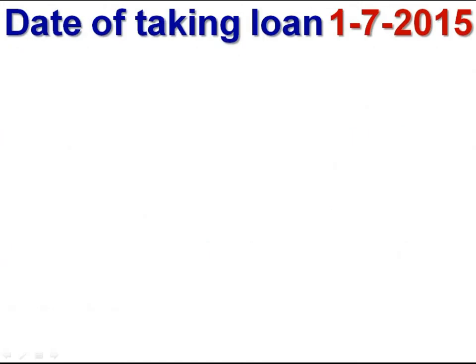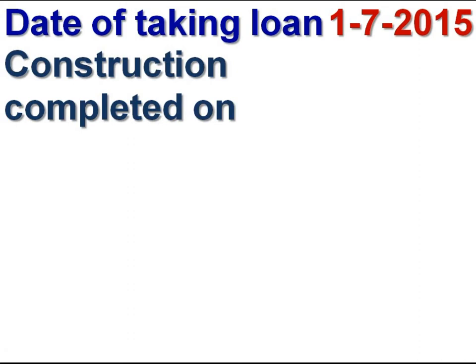Date of taking loan 1st July 2015. Date of construction completed 1st November 2017. And we know the interest on loan from the date of taking loan up to the 31st March, just preceding the date of completion, is the interest prior to construction.